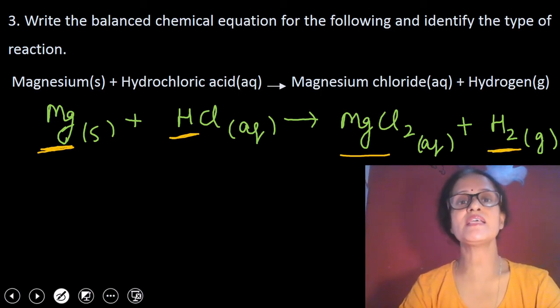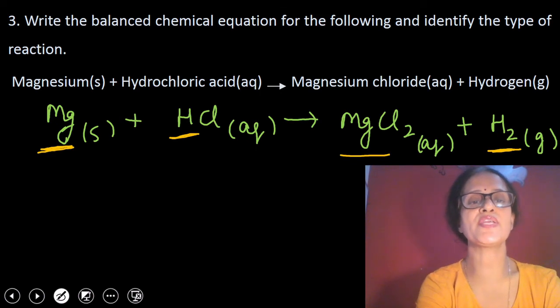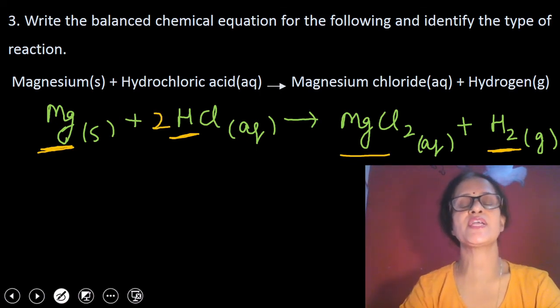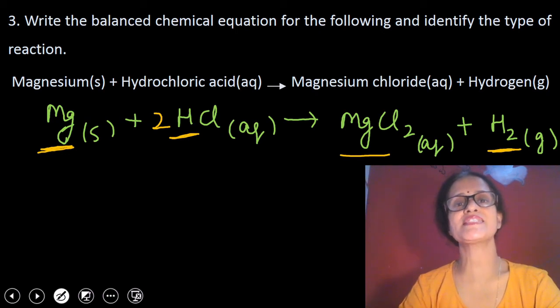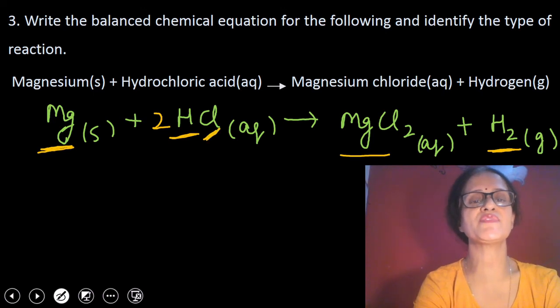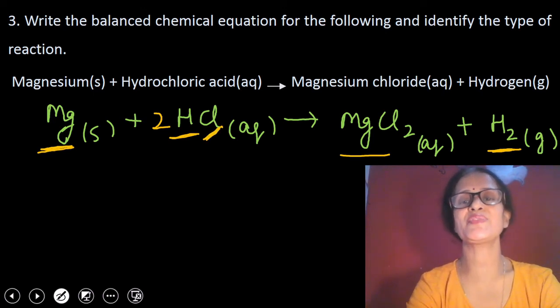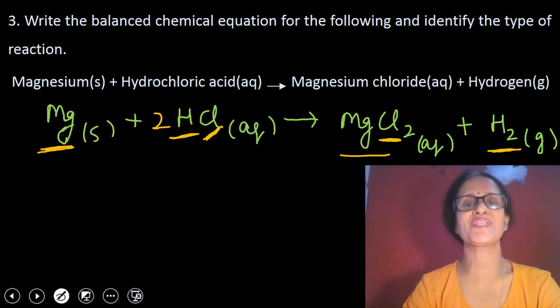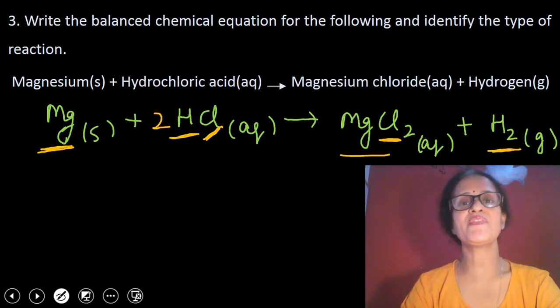So for balancing hydrogen, we will write 2 on the left hand side of HCl. Now hydrogen is balanced on both reactant side and product side. The number of hydrogen atoms are 2 and 2. Now look at the last element, chlorine. On the reactant side you can see here we have 2 atoms of chlorine, and on the product side also we have 2 atoms of chlorine. So we have written a balanced chemical equation.